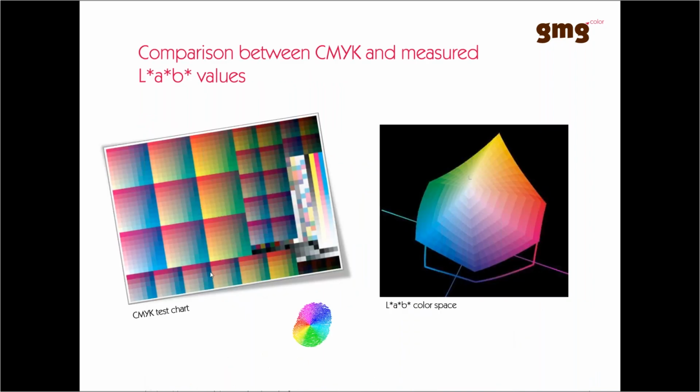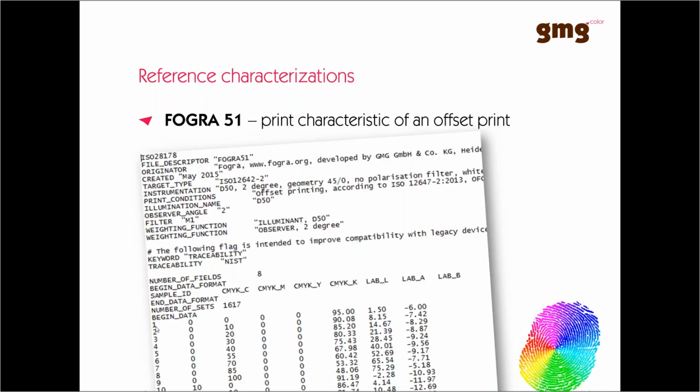And here you see the sample ID, that's the first row, and now cyan, magenta, yellow, and black, 0, 0, 0, 0, has the following LAB value for the paper. And here you also see the gradient for magenta from 0 to 100 has the following LAB values.